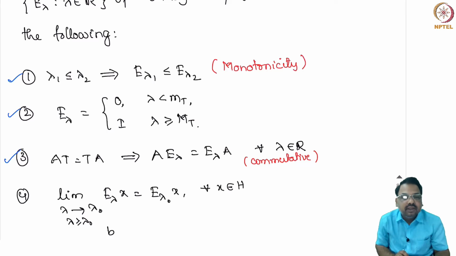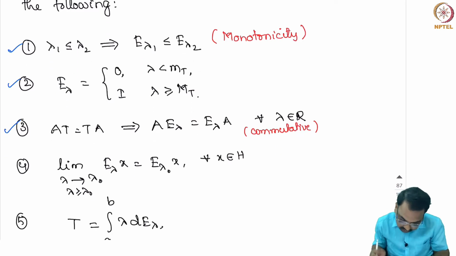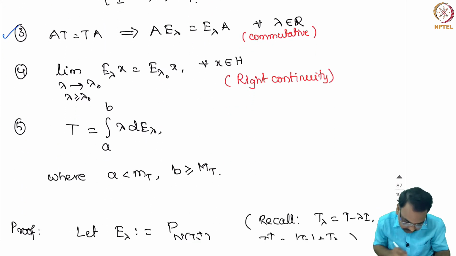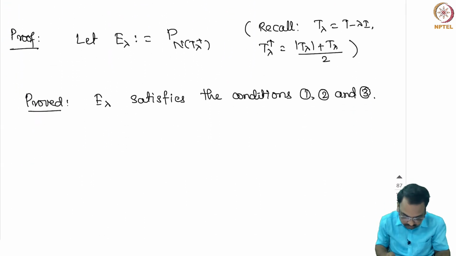The second property says that E lambdas are supported on the spectrum of T, because we know that the spectrum of T is contained in the closed interval small m suffix T, comma, capital M suffix T. And the fourth condition is known as right continuity.